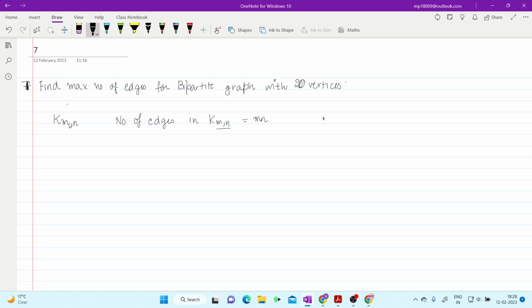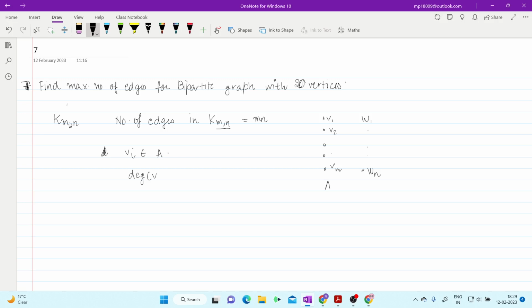Why is the number of edges in complete bipartite graph K_MN equal to MN? Suppose Vi belongs to A. What is the degree of Vi?